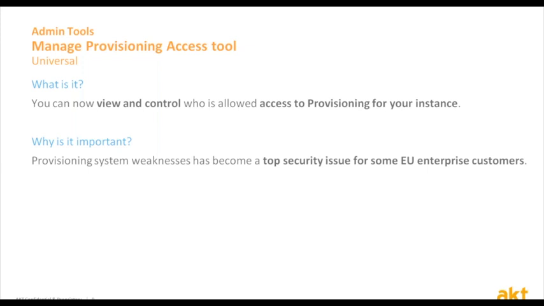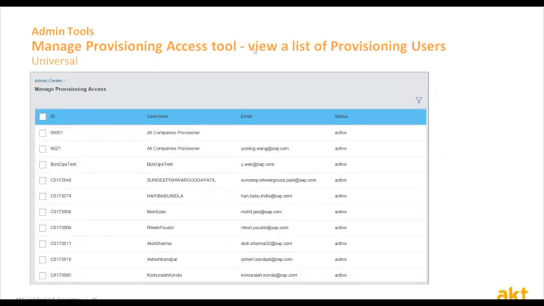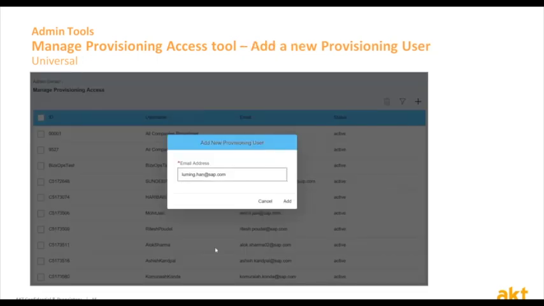You controlled that by approving provisioning access, but from that point on, you had to rely on SuccessFactors to supply this information to you. From this day on, you can use this screen, provisioning access screen, to view the list of users who have access to your provisioning, as well as to add users or remove them if necessary.